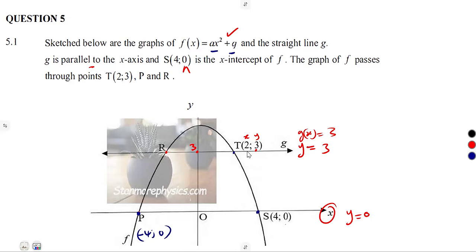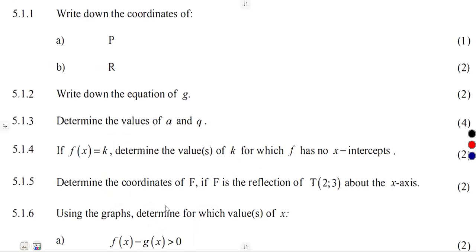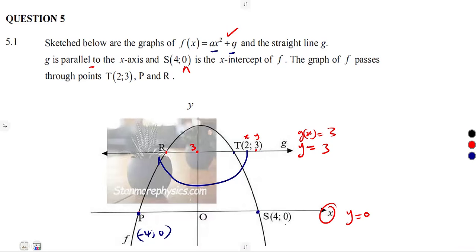So the x value at T is 2. It changes to a negative. We are now on the left side. The x values are the ones that are affected. So at R, we must know that it is minus 2, 3. We are just analyzing our graph. Then here we have our turning point, at 0, where x is equal to 0.